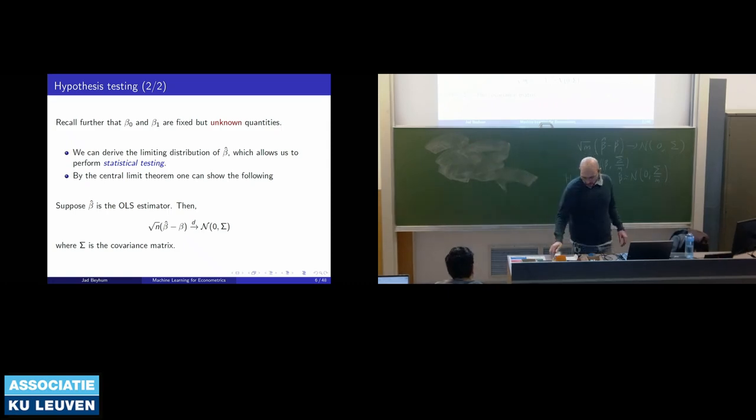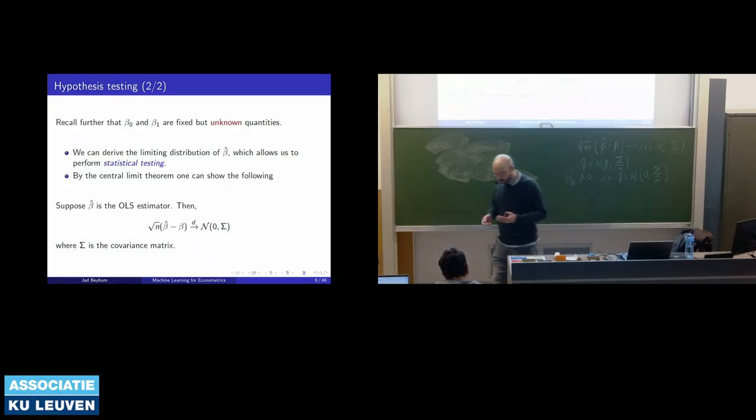So under the null hypothesis, if this null hypothesis was true, and I look at the beta hat across all the possible samples of 1,000 Belgians, then the distribution of those beta hats should be a normal 0, sigma over n.